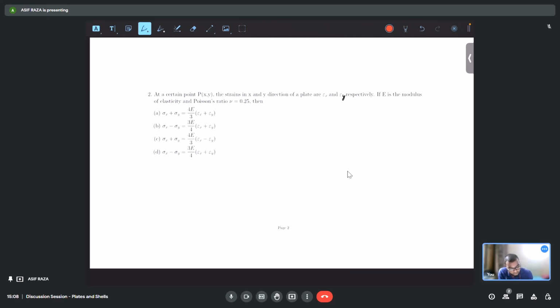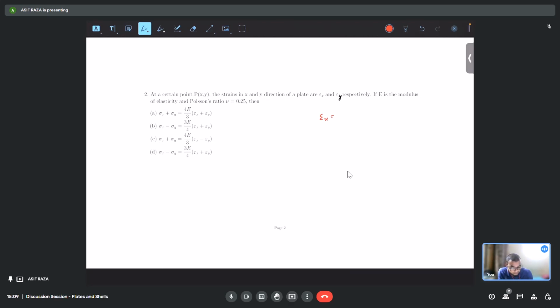So let's find it. We know that epsilon x is given by sigma x upon E minus nu sigma y upon E. Similarly, epsilon y is given by sigma y upon E minus nu sigma x upon E. Adding these two equations, we get epsilon x plus epsilon y equals sigma x plus sigma y minus nu times sigma x plus sigma y, by E. This can be simplified as 1 minus nu times sigma x plus sigma y by E. If you see the options, most of them are in terms of sigma x plus sigma y.